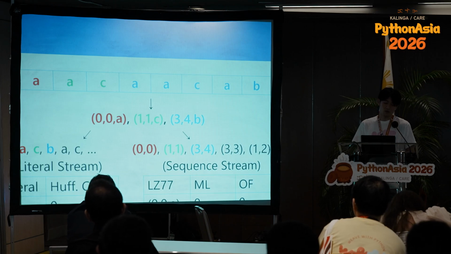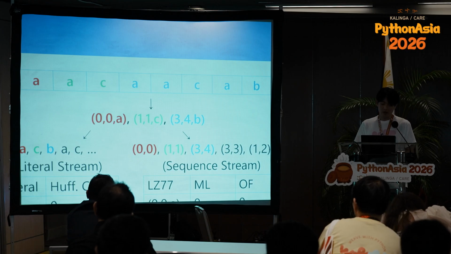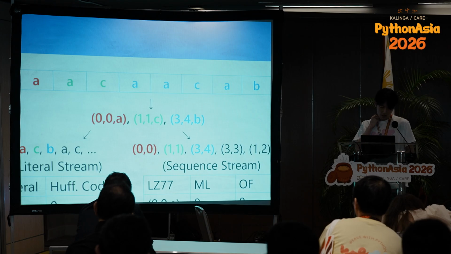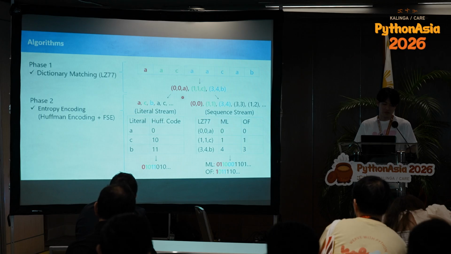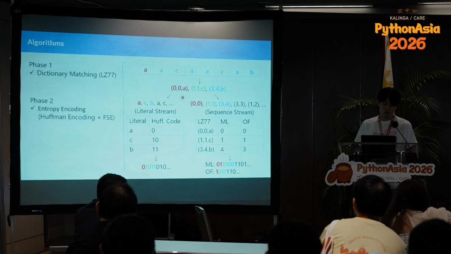So in this example, the LZ77 output will be 00A, 11C, and 34B. And phase two is entropy encoding. Entropy encoding can be done with Huffman encoding and finite state entropy, called FSE.